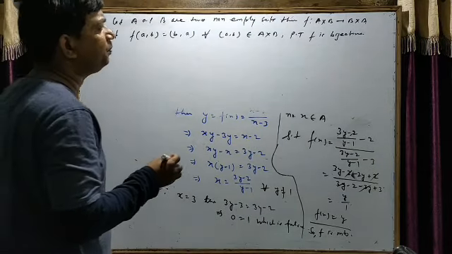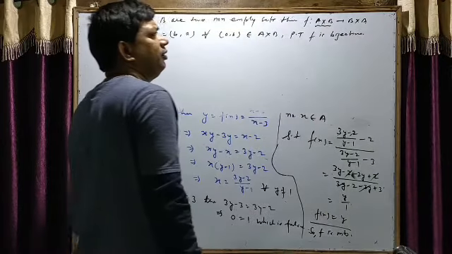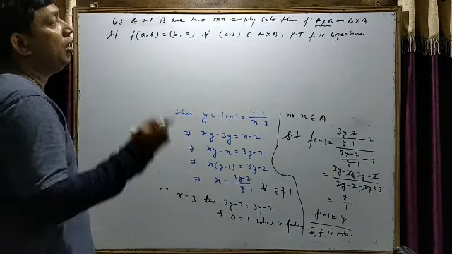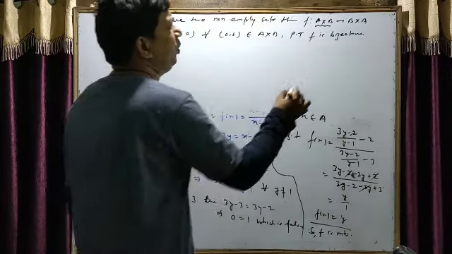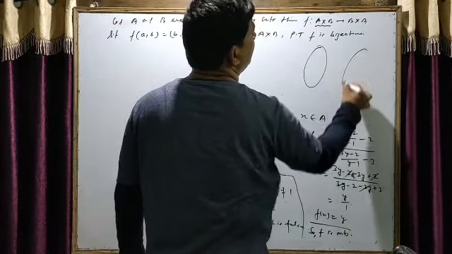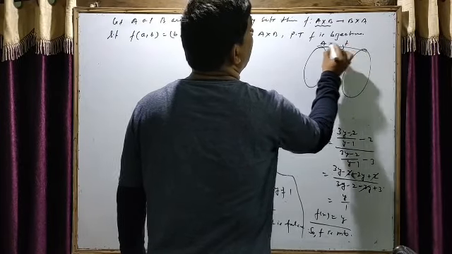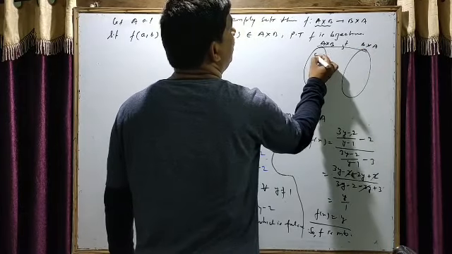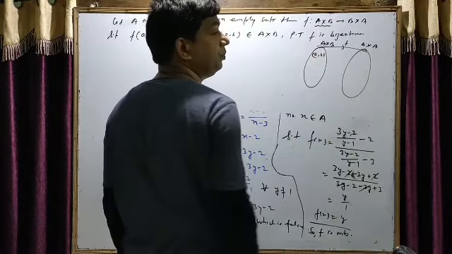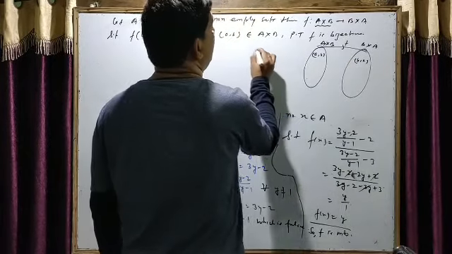So how we can prove? You just see. Here it is a Cartesian product. So in this set, always the elements belong in the form of ordered pairs. Suppose this is a rule. F is a rule from A cross B to B cross A. If (a, b) is present in this set, then (b, a) is present in this set. Why?